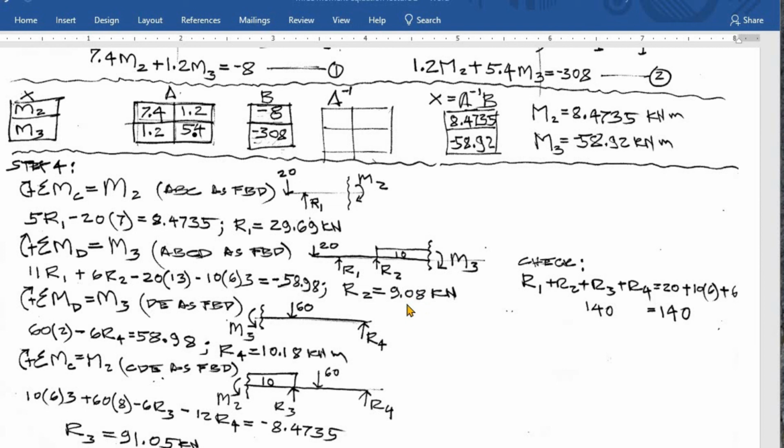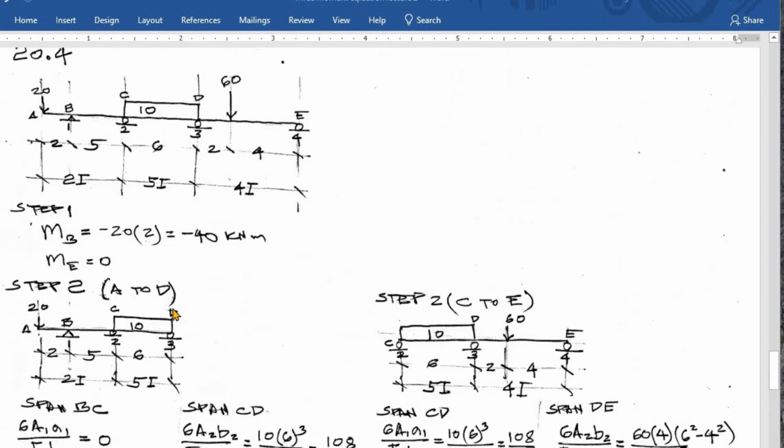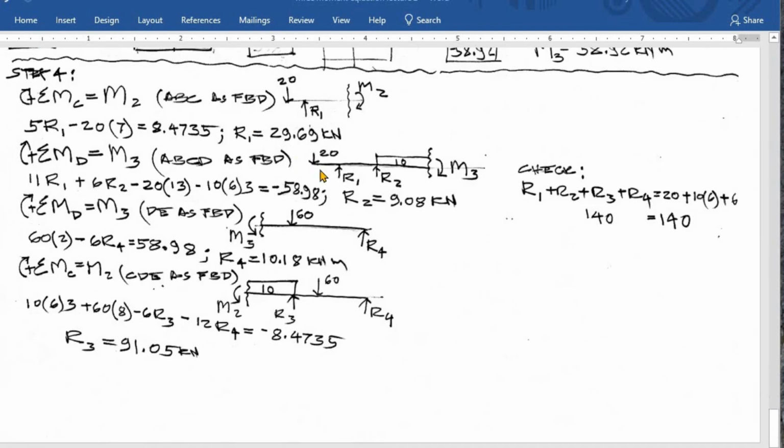Okay, so from here, you can immediately solve for the remaining reaction by summation moment at D. Okay, so let's take moment at D equal to M3. So, taking DE as free body. This time, ito naman ang ating kukunin. Meron na tayong moment 3. Reaction 4 na lang ang unknown. So, ito siya. So, we have here 60 times 2.